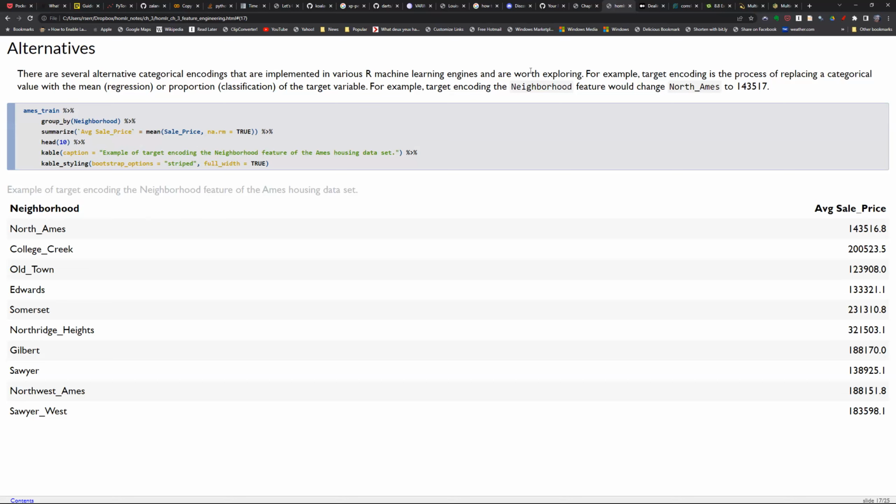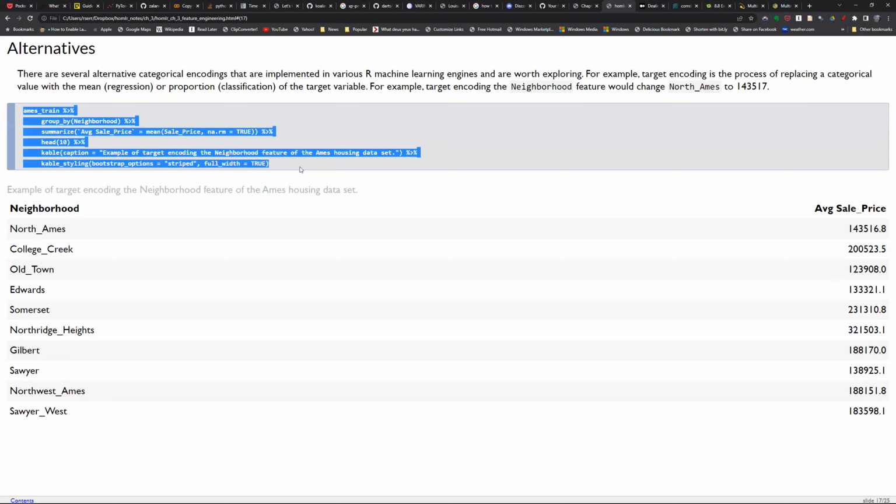So if the target label is numeric, you could encode it using the script that you have right there on your screen. You can encode, for example, the neighborhood that we've been using as an example in the Ames data set. From each of the neighborhoods, you can generate the average sale price.